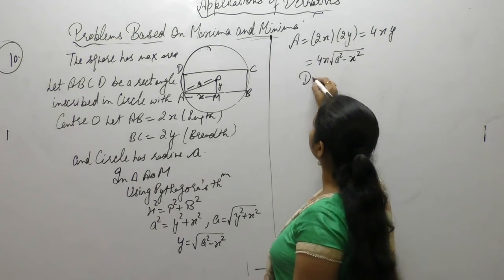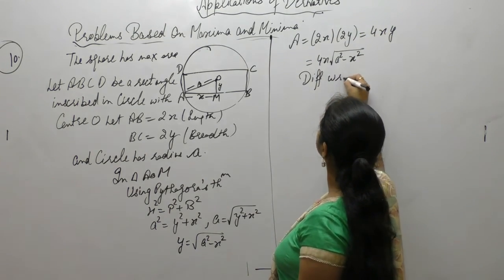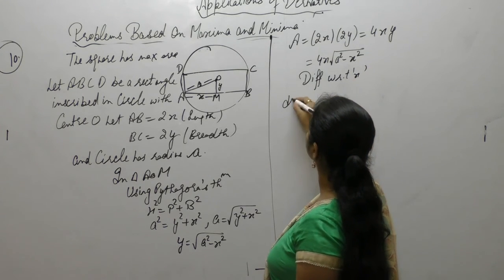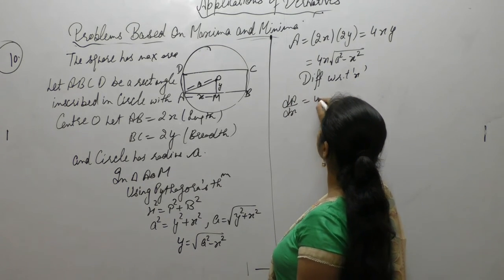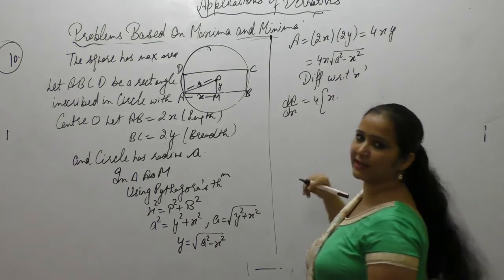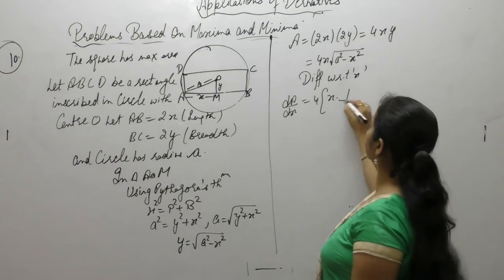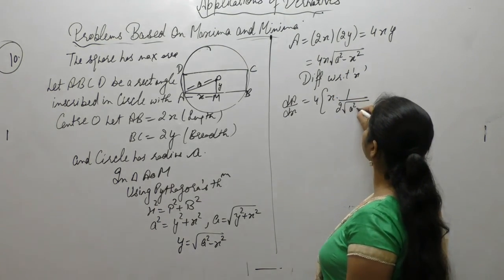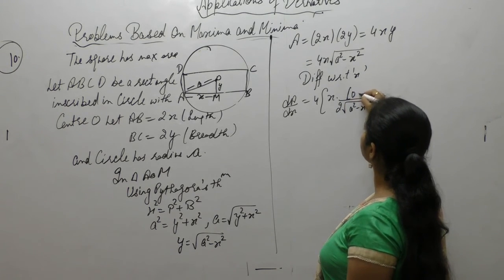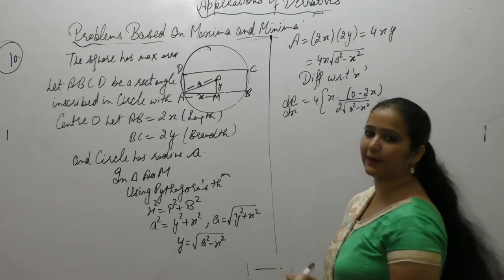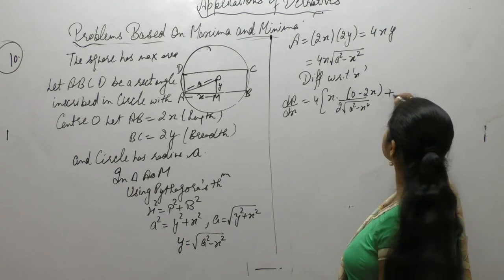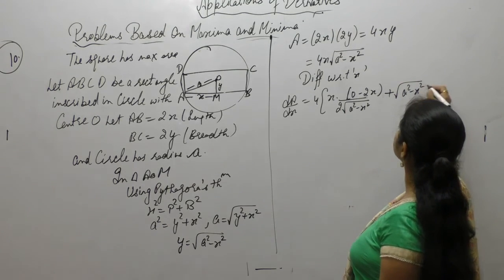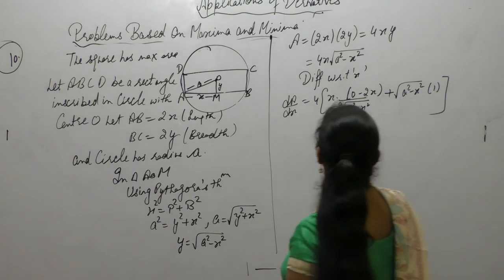Now differentiate with respect to x. U into V rule. First function, derivative of square root of x is 1 upon 2 square root of x. Derivative of a square is 0, minus x square gives minus 2x, plus a square minus x square times derivative of x, which is 1.